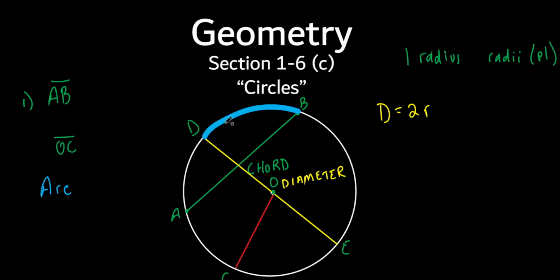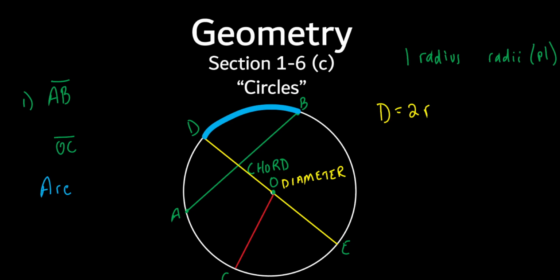When it goes around a portion of the circle, not the whole circle, because that's the circumference, it's an arc. And we have a symbol for arc. Just like a line segment, I could have called this line segment AB or BA, correct?